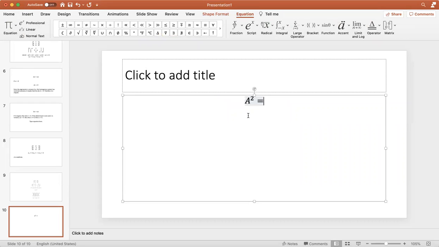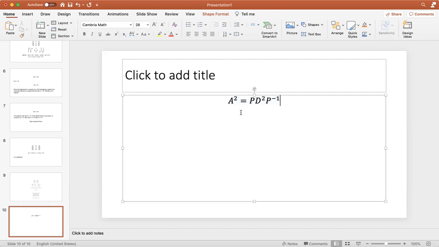Suppose you have a real symmetric matrix A; you can get the product of that symmetric matrix through its eigenvalues. So D squared here refers to the matrix of eigenvalues.